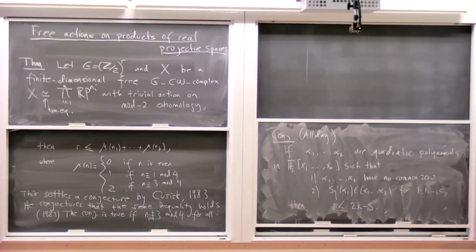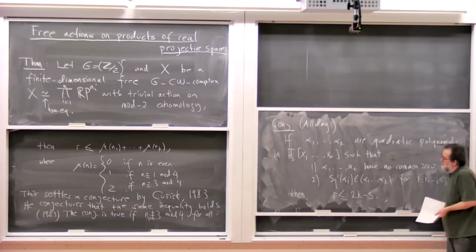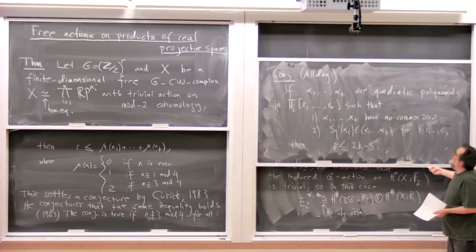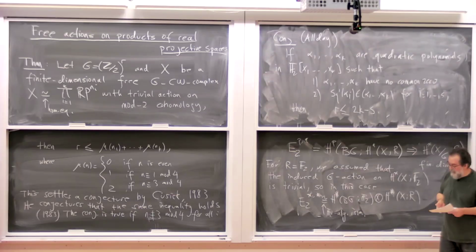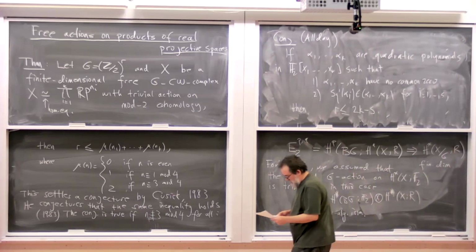This is an open question. This is an open problem. And this implies the F2 version of Kuzik's conjecture. But I don't know how this can be proved either. It's an open question.